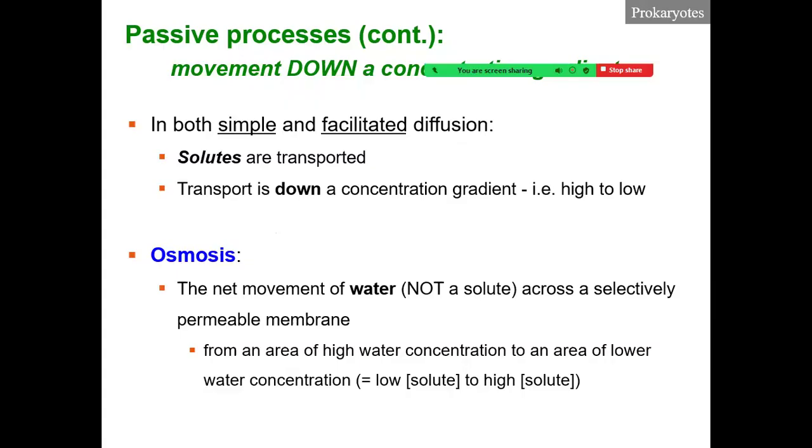But if the water concentration is high outside the cell, that means the solute concentration is low outside the cell, and the solute concentration inside the cell is high. I'm pointing this out because the tonicity is not defined by the water concentration. The tonicity is defined by the solute concentration. And we talk about the concentration of water by tonicity.